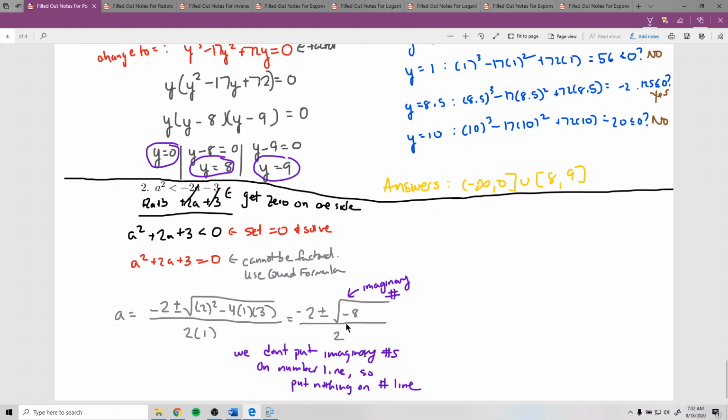This is going to be weird at first. If you have a positive number here, then you would continue because it would be a real number. You would get your 2 answers and mark them off. Since we get an imaginary number here, I make my number line, but I put literally no markings on here.